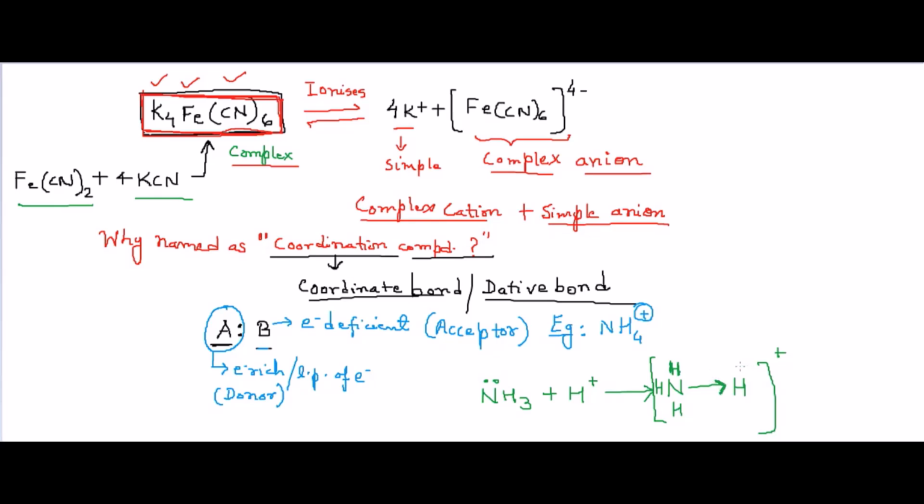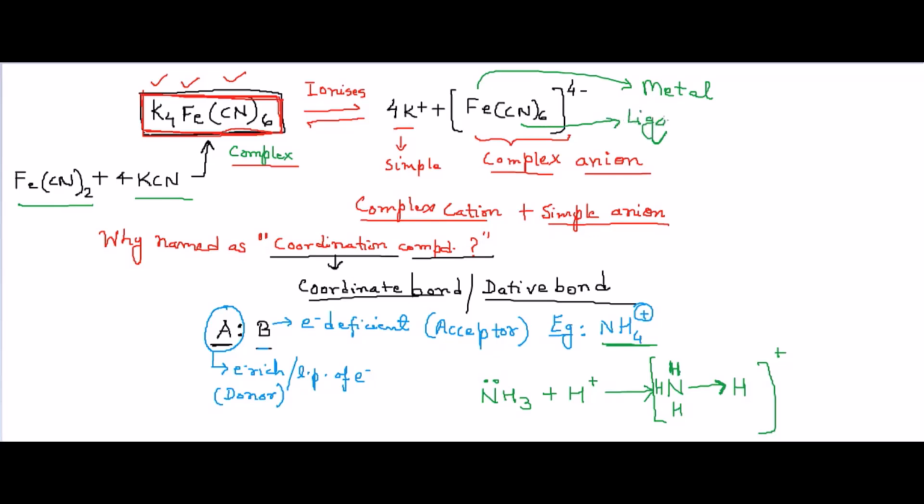Although when ammonium is formed, all the bonds are actually similar. You cannot differentiate between the normal covalent bonds and the coordinate covalent bonds. This arrow is written just to show what kind of bonding is taking place on pen and paper. Okay, so this was a quick recap about the coordinate bond. This kind of bonding is also present in these coordination complexes, where we have a metal atom, right? You can always see a metal atom which we call the central metal, and the other part is the ligand.